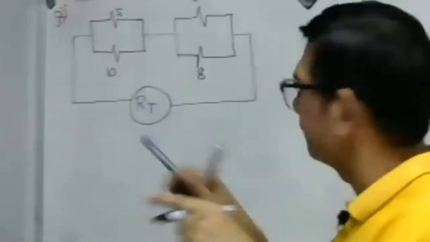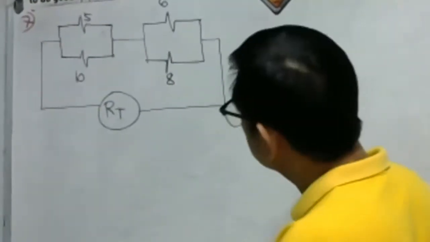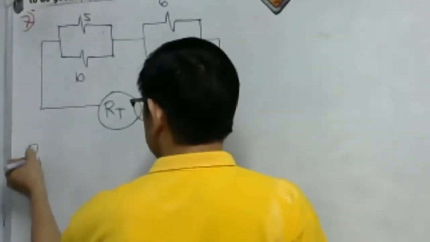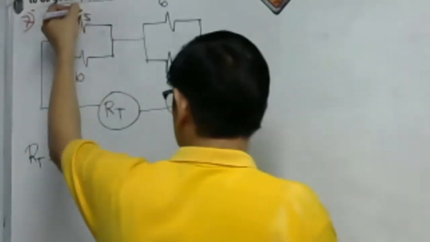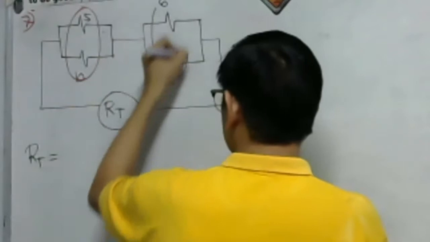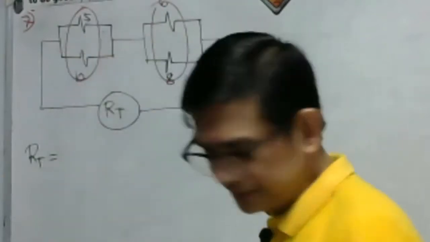What is the total resistance? This is an easy question. We'll be having here a series combination. This is a parallel combination and a parallel combination, then the equivalents are just connected in series.